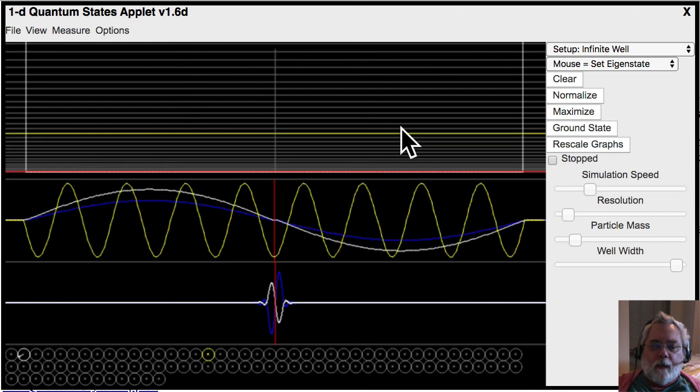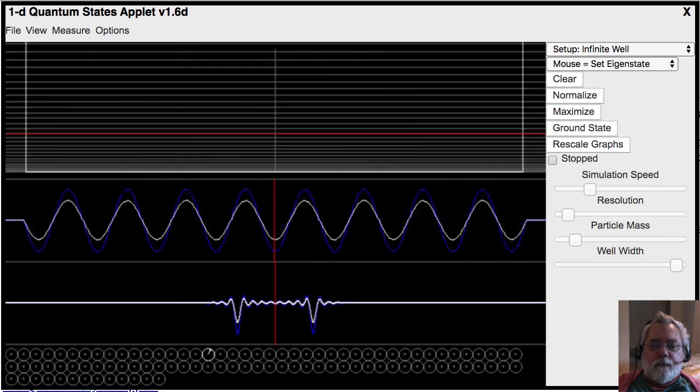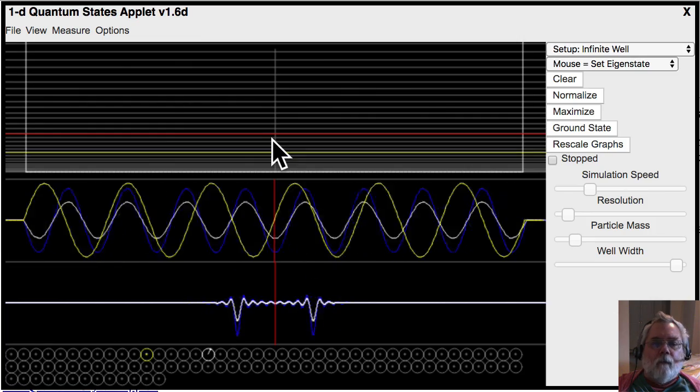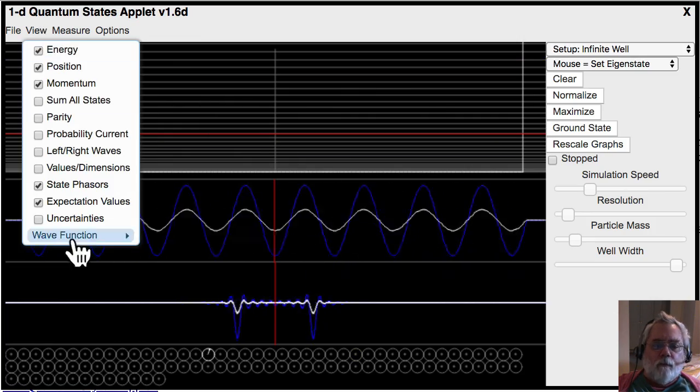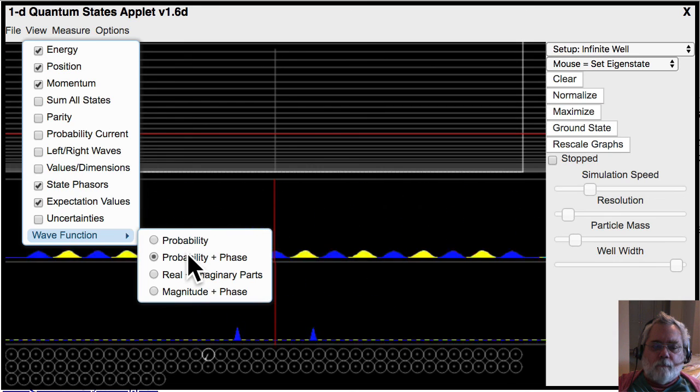We could look at higher energy eigenstates. I'm going to change the view so that we look at probability plus phase.